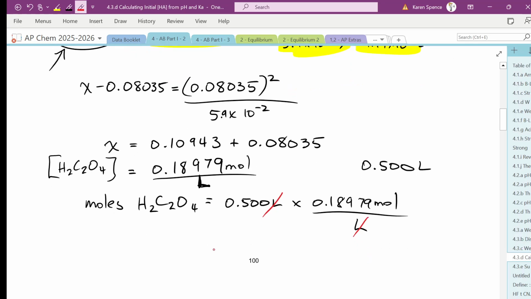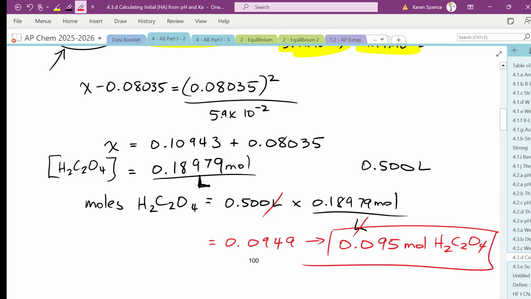And we get 0.0949, which will then round to 0.095 moles of H2C2O4. Is good?